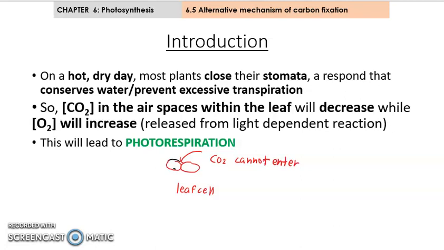Since carbon dioxide cannot enter, the concentration of carbon dioxide in the air space within the leaf will decrease, but the concentration of oxygen will increase. Why does oxygen increase? Because oxygen will be released from the light dependent reaction, if we refresh through the process of photolysis of water. This will lead to photorespiration. This is the condition that can lead to photorespiration.